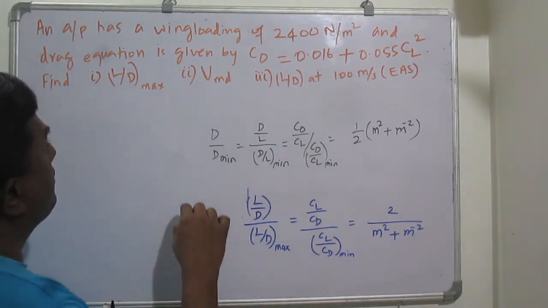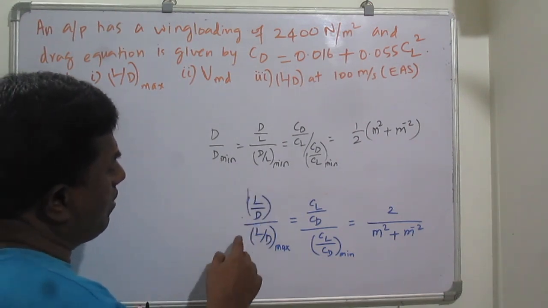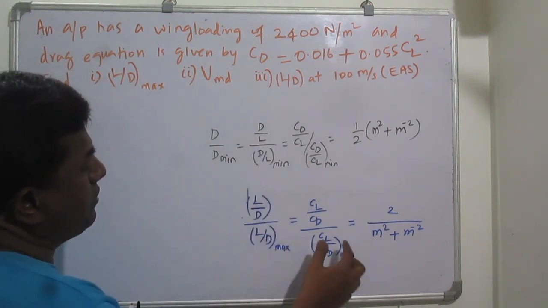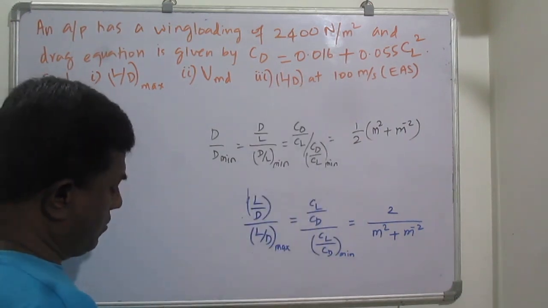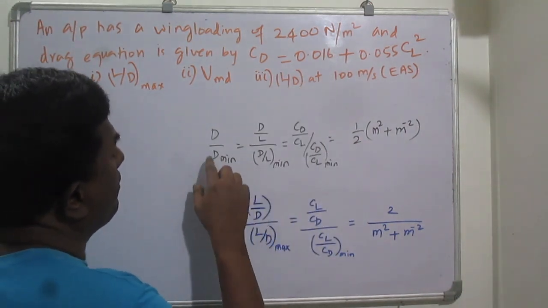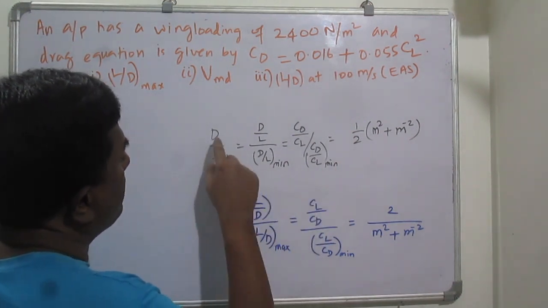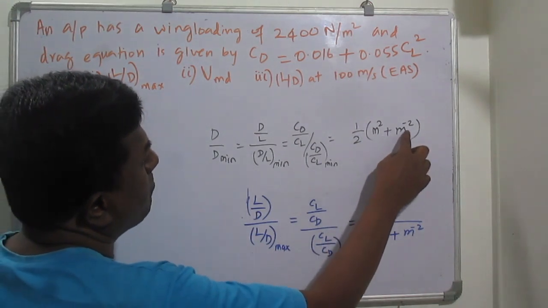And before that, let's see how to get this equation, because we are going to use it for this problem. So we know from the previous class that D by D minimum equals 1 by 2 m square plus m power minus 2.